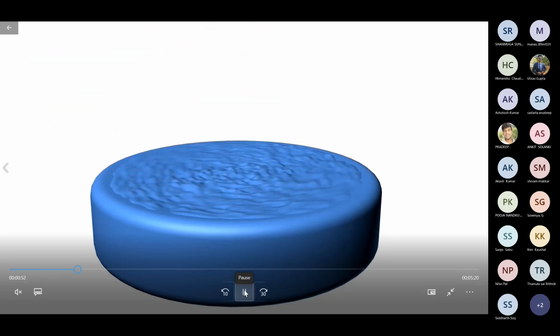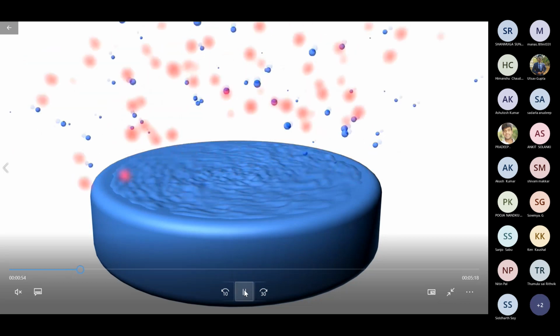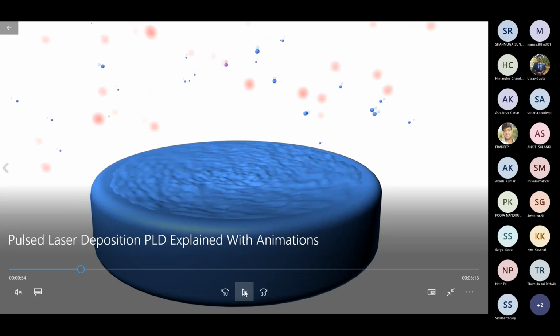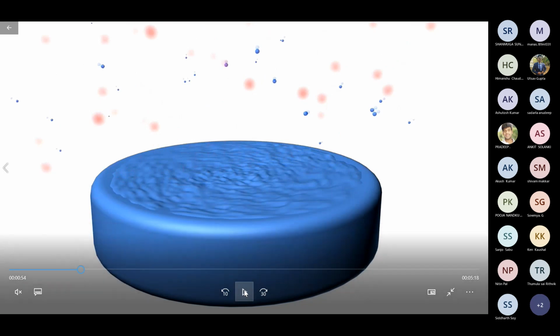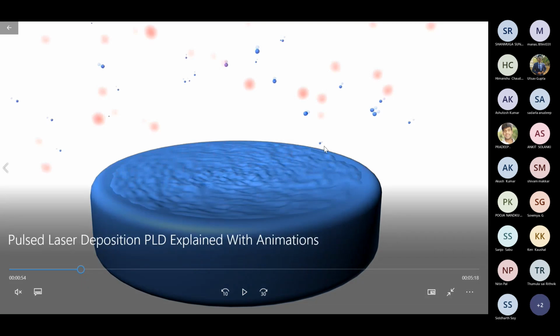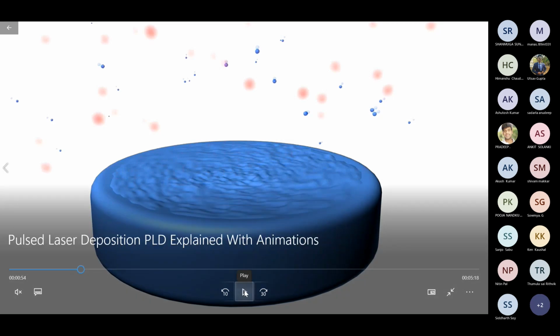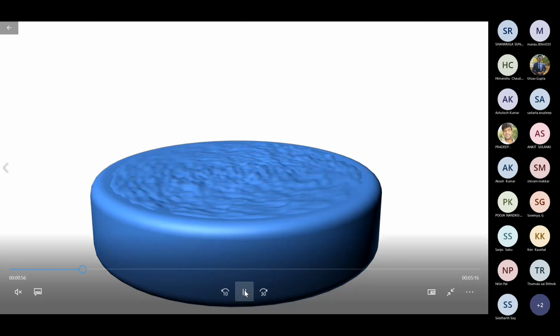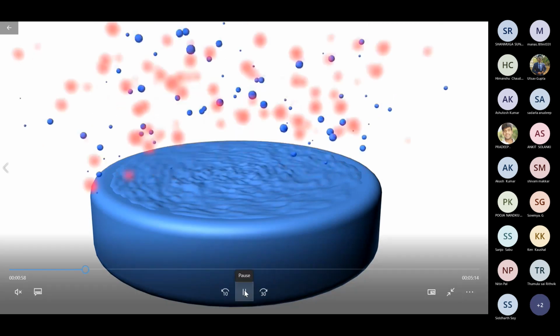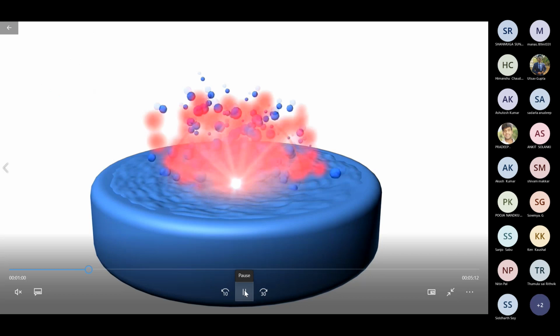So what happens is that if the pulse laser deposition is done with, let's say, a picosecond laser, then due to the higher energy, from the extreme top surface all kinds of atoms come, not particles, and deposit on the surface.